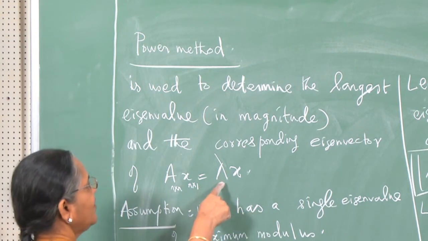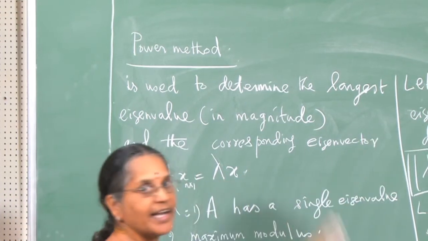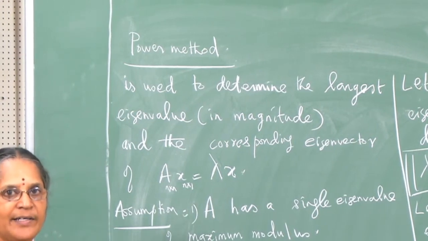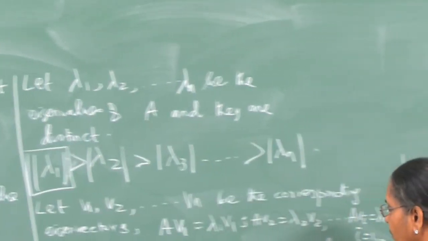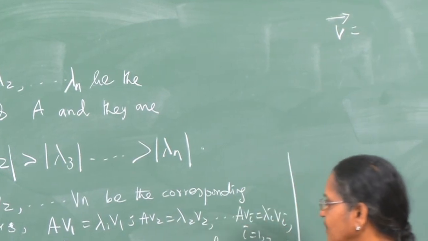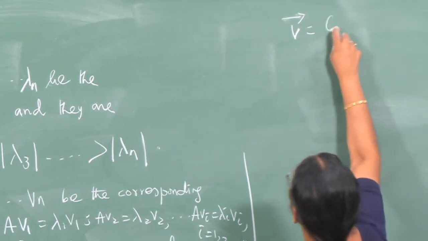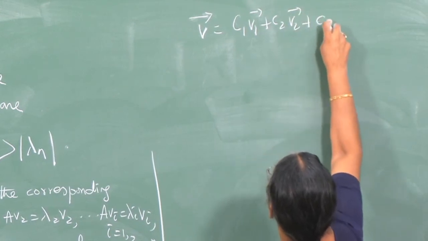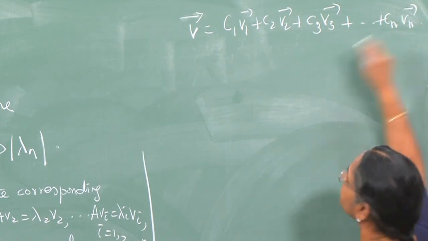Associated with lambda equal to lambda i, if we determine xi, that xi is denoted by Vi, which is an eigenvector associated with the eigenvalue lambda i. So, it is a vector. Any vector V can be expressed as a linear combination of the eigenvectors associated with the eigenvalues lambda 1, lambda 2, etc. So, any vector V will be of the form C1 V1 plus C2 V2 plus C3 V3 and so on plus Cn into Vn.